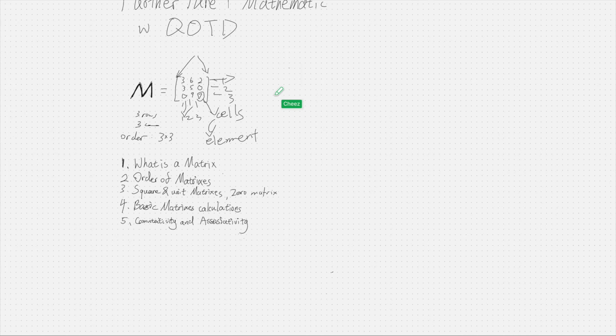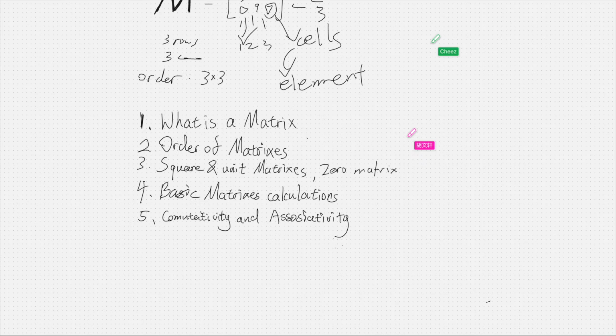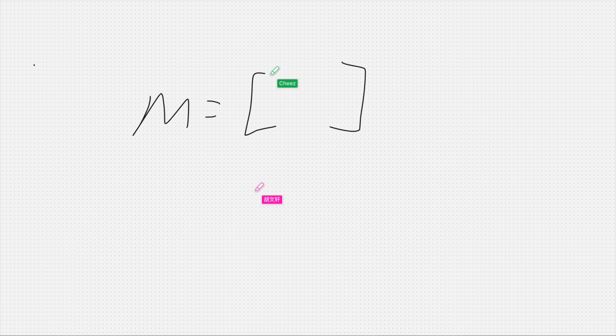And now we're going to talk about square matrices and unit matrices. For square matrices, pretty obvious by the name, the matrix has to be square. And what do we know about squares? Their lengths are equal. The sides, the base and the height are equal.